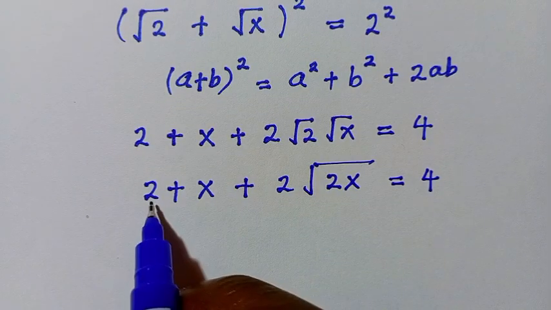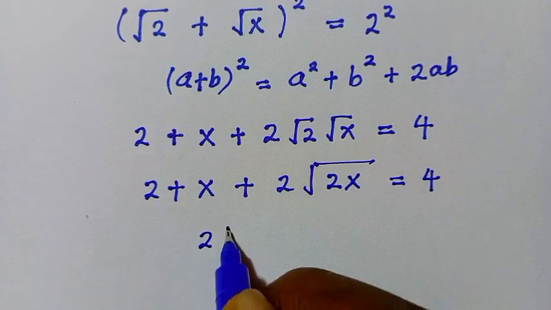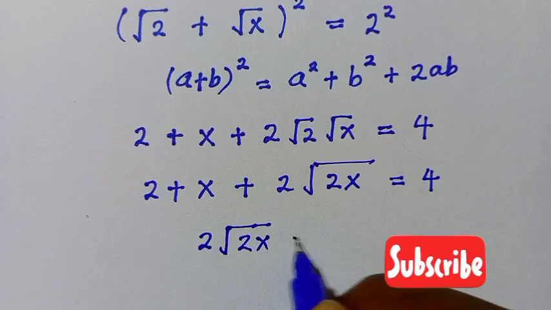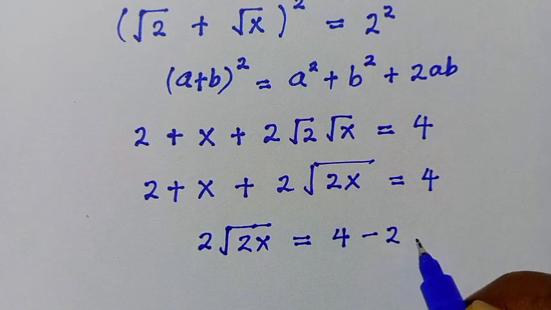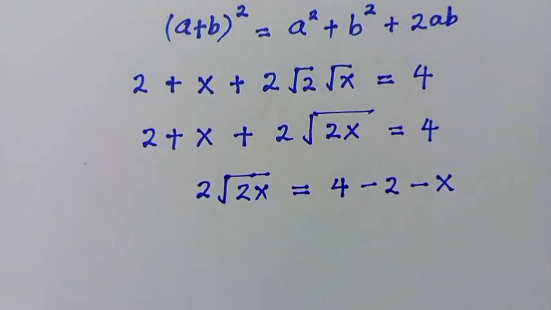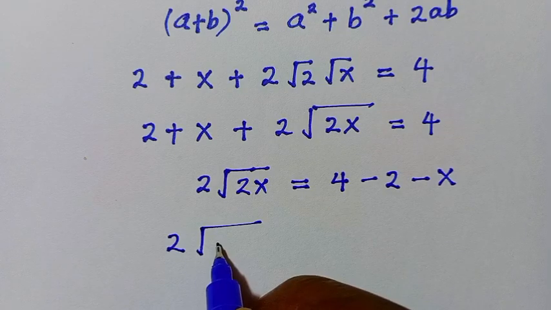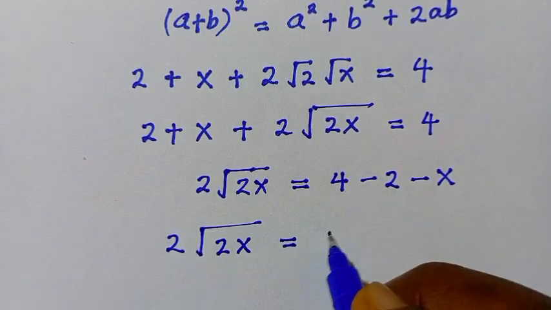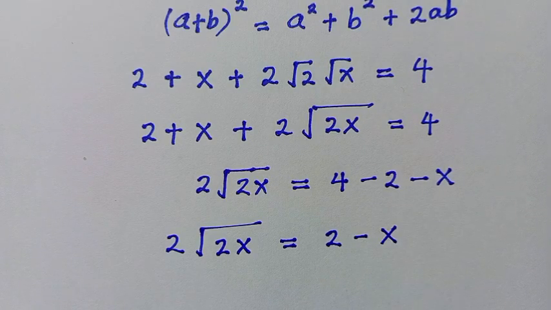So by taking 2 plus x to the other side, we have 2 square root of 2x equals 4 minus 2 minus x. So next we have 2 square root of 2x equals 4 minus 2, and we're going to have 2 minus x.